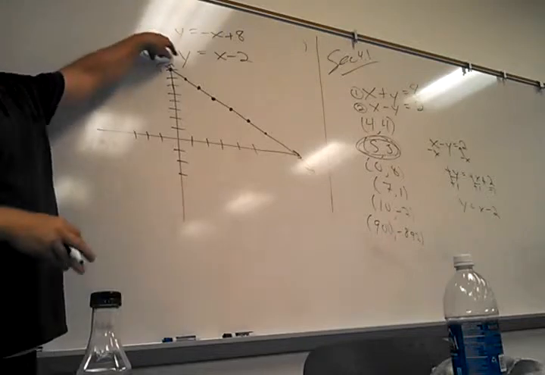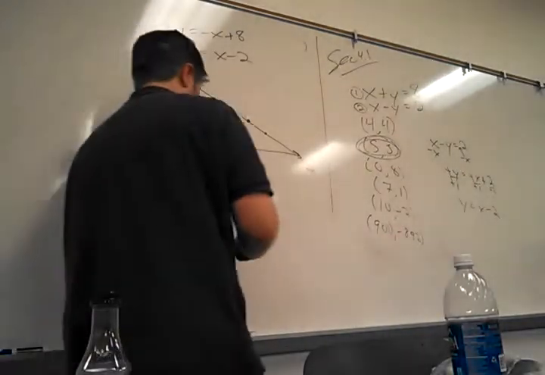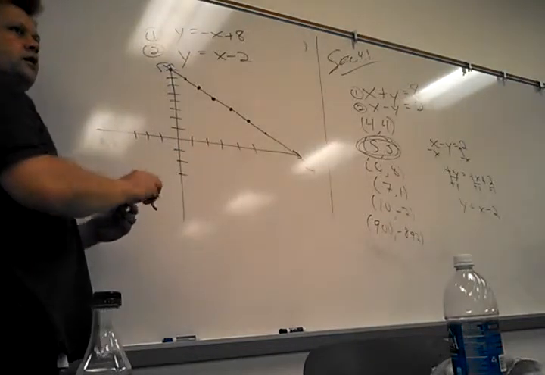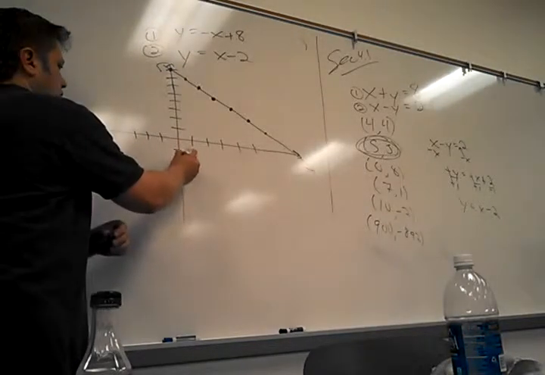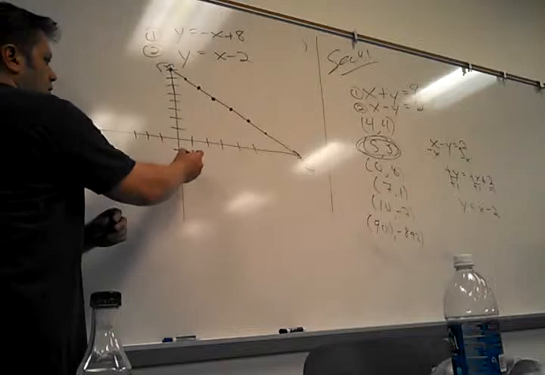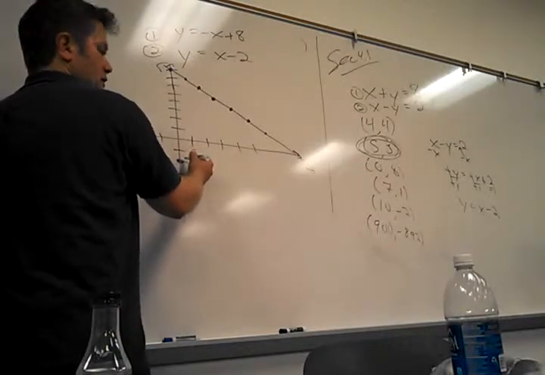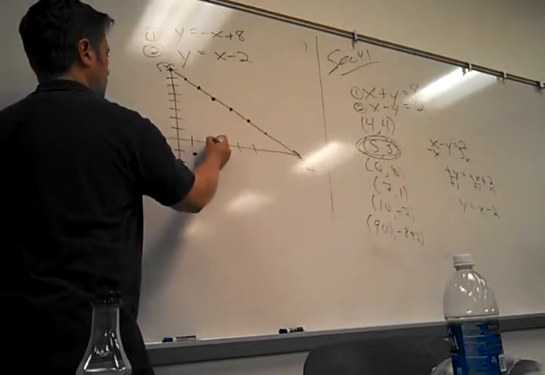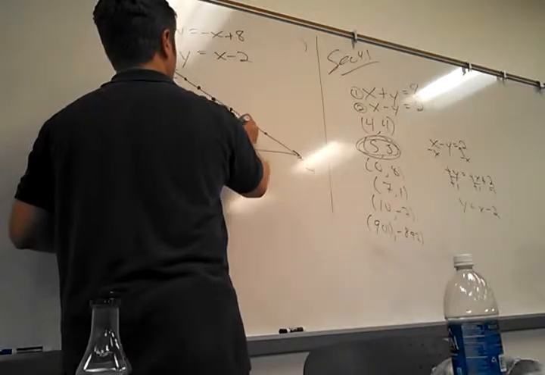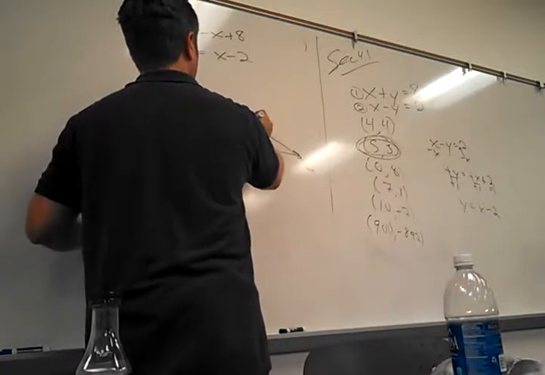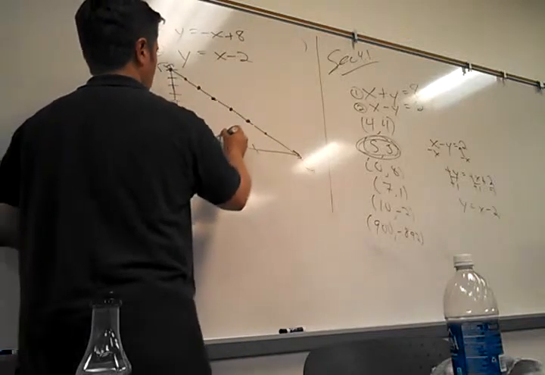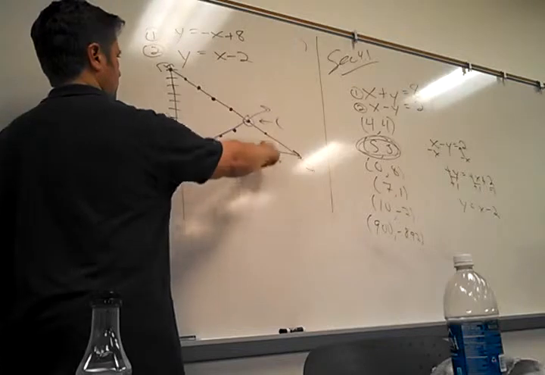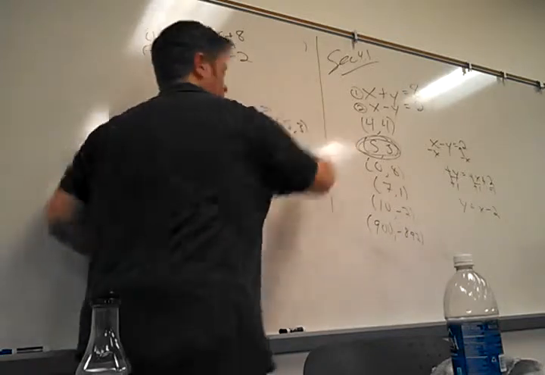And then come in with the other one. What do I know about him? What's the y-intercept? -2. And from there I'm going to go where? Up 1, over 1. Sweet! And what's that point there? 5, 3. The answer.